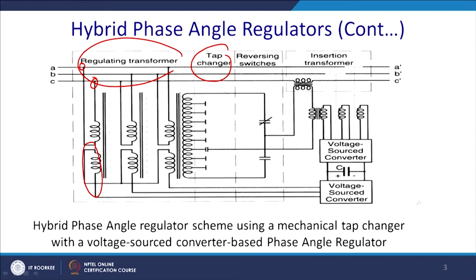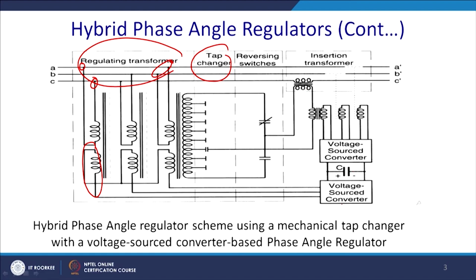So, you can change the number of taps as and when it is required. So, based on that, for the example, this is the AB phase, and so it will be linked with some voltage of AB to compensate the voltage in this phase C.